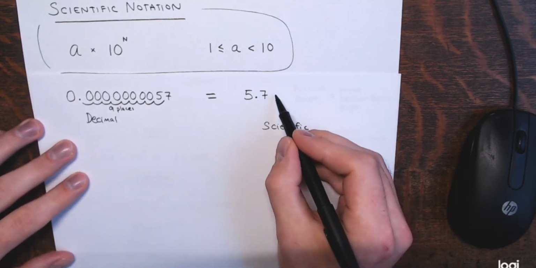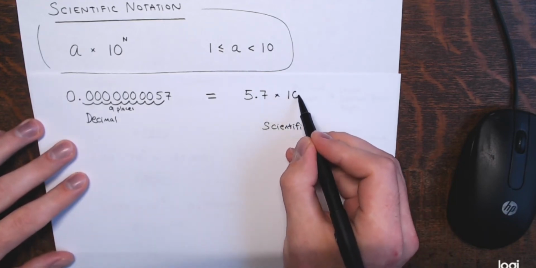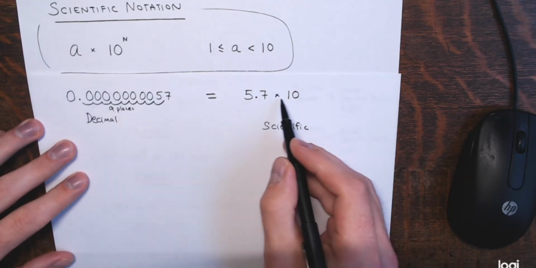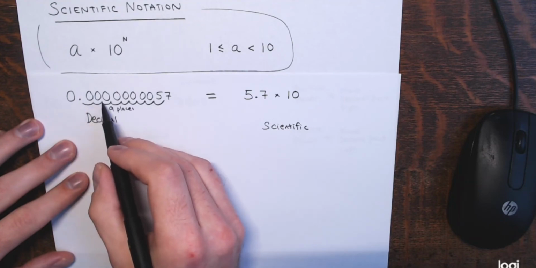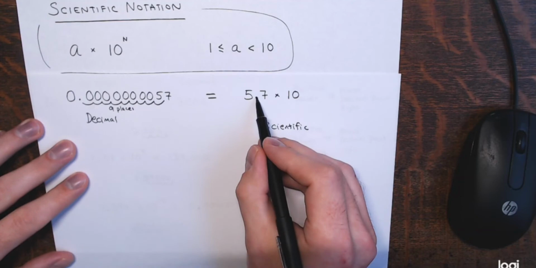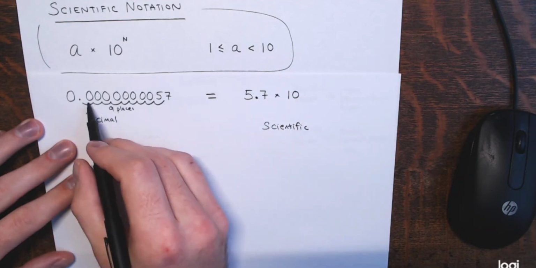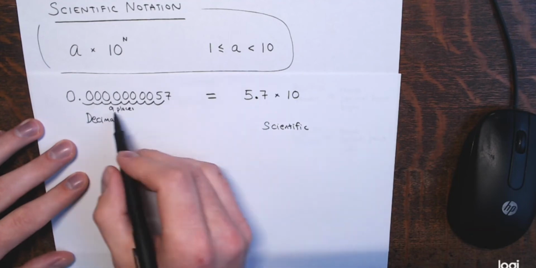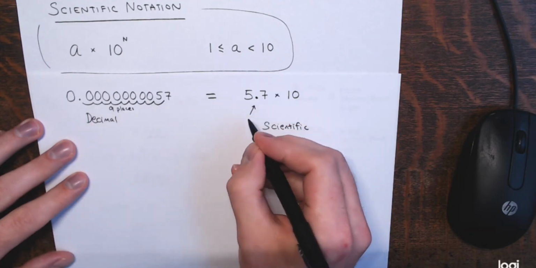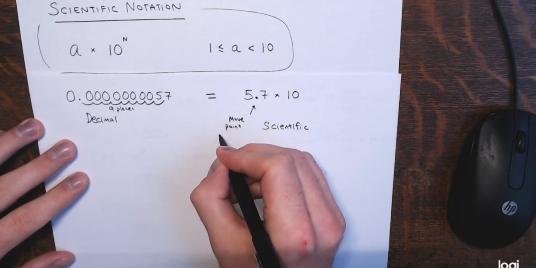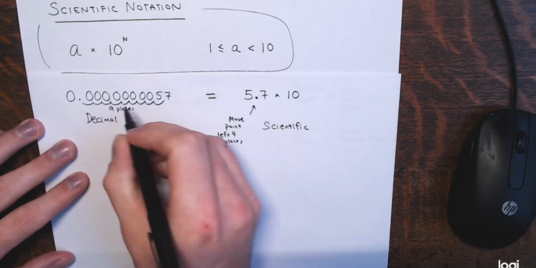And then I just have to multiply this by some power of 10 to move it back. Right? I want this to end up being 0.00000000057. Well, if I have 5.7 and I want to get 8 zeros and 57 like this, I need to move this decimal point to the left 9 places to get back to the original number.